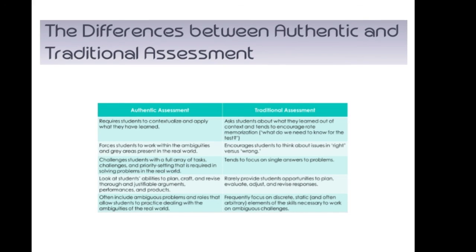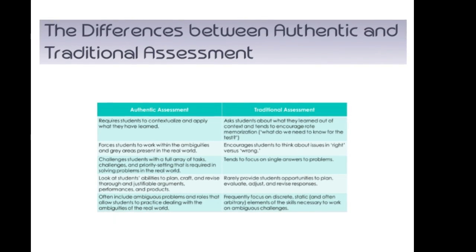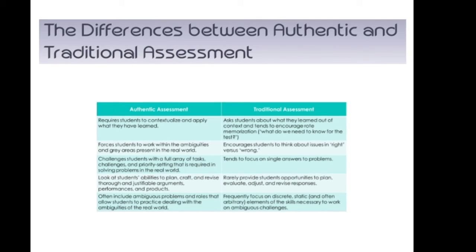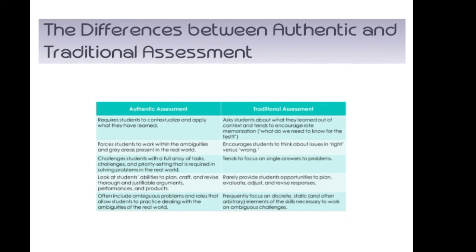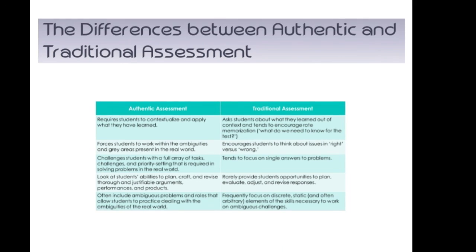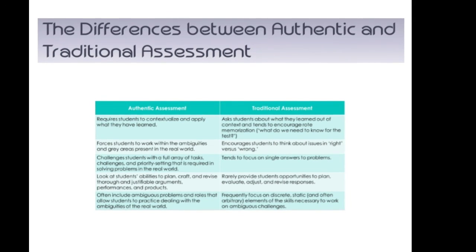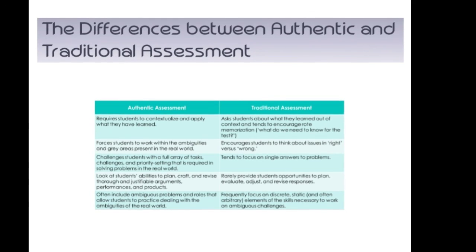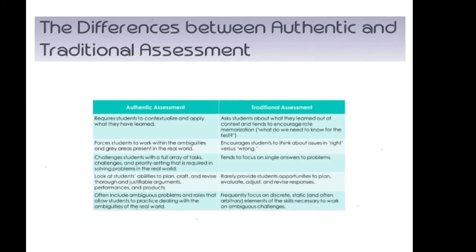The last difference is authentic assessment often includes ambiguous problems and rules that allow the student to practice dealing with ambiguities in the real world. But traditional assessment frequently focuses on discrete statistics and often arbitrary elements of the skill necessary to work on ambiguous challenges.